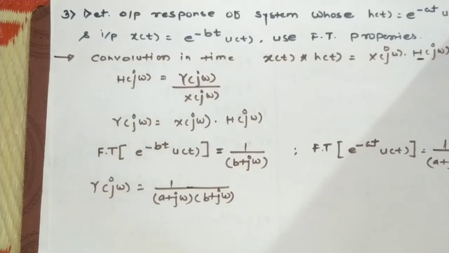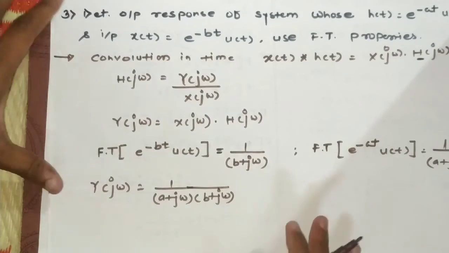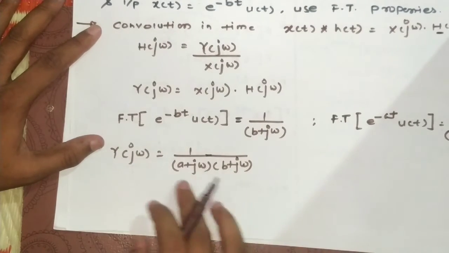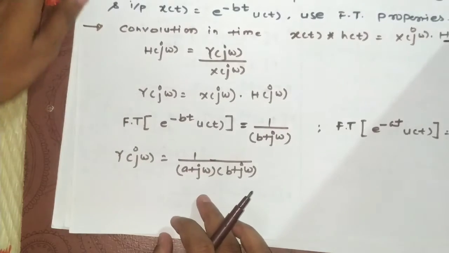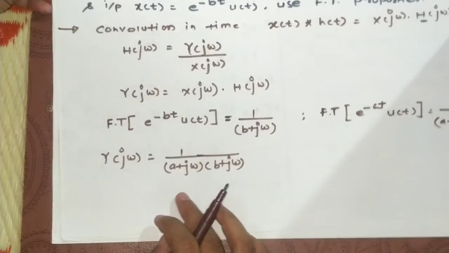Now in order to find y of t, we should go for this simplification. This simplification we can do by using partial fraction expansion.